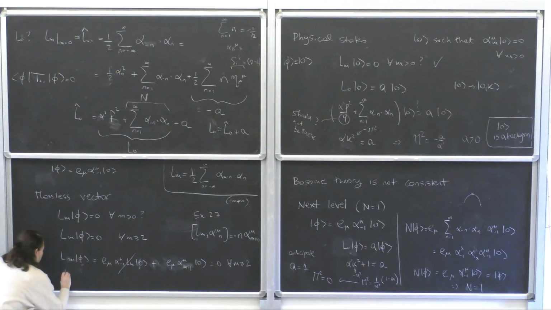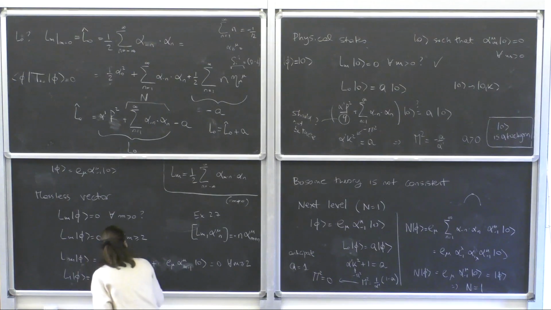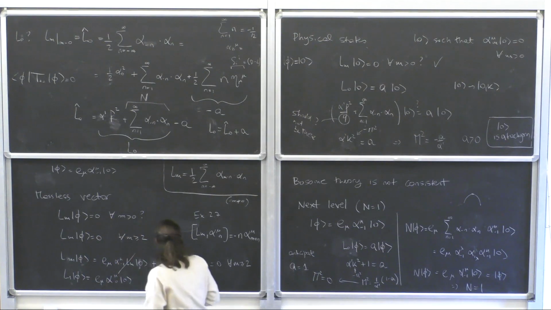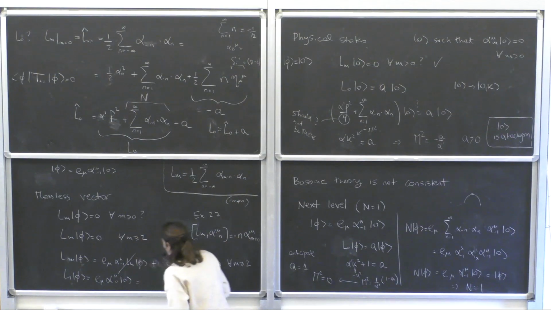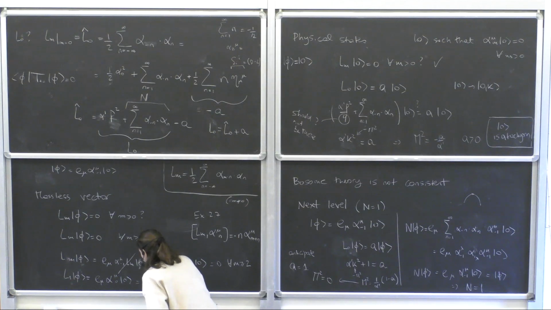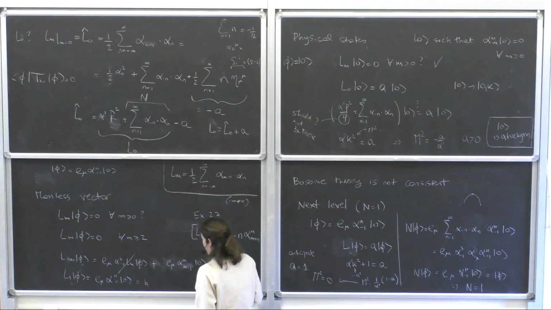So L1 phi is E mu alpha mu minus 1 on 0, and this gives me some number. I don't care, I have to require that this is equal to 0.